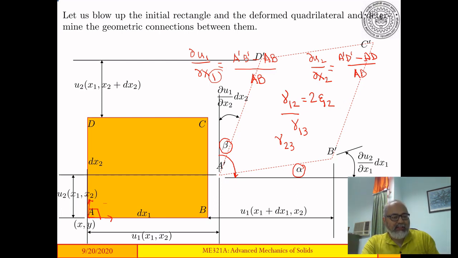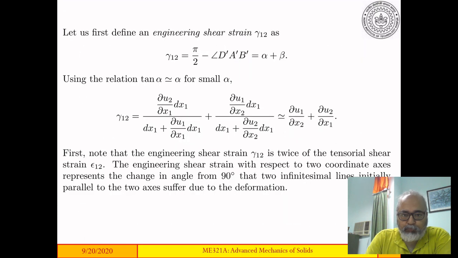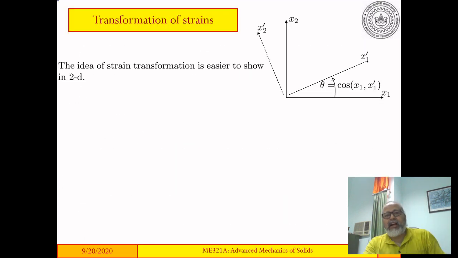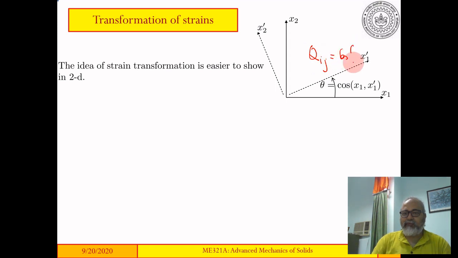And now, because it's a tensor, what we can also do is transform the components of the strain tensor. The transformation would go exactly like any other tensor. In fact, the transformation for stresses, when we learn about stresses, would also be exactly the same. So we will stick to our conventions. Our convention is that when we determine Qij, we take cos of old to new.